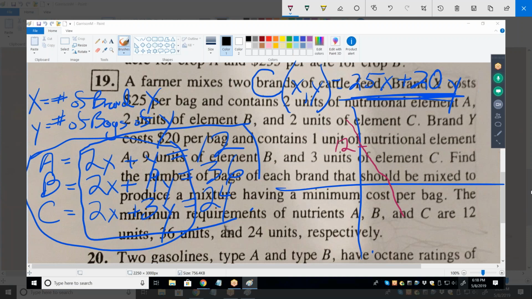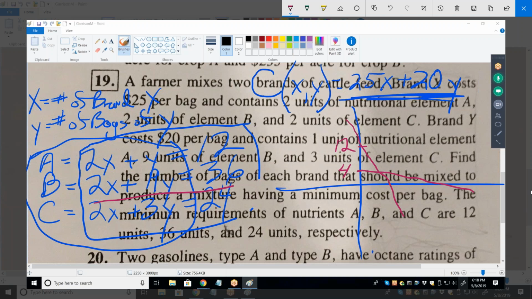So that's that. And if I graph that second one, I get y equals minus 2/9 x plus 4. That's going to go through the y-intercept of 4, and it's going to be a much flatter slope. 2/9 is something like that.